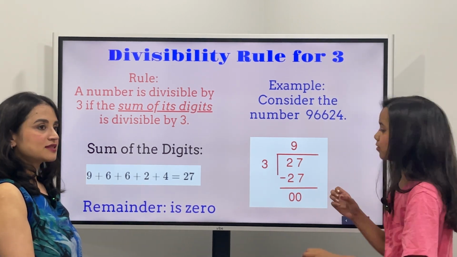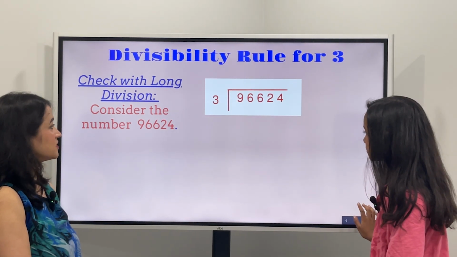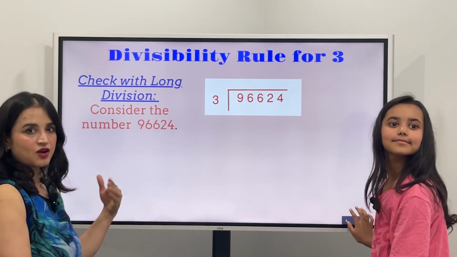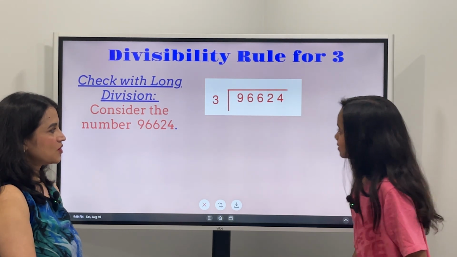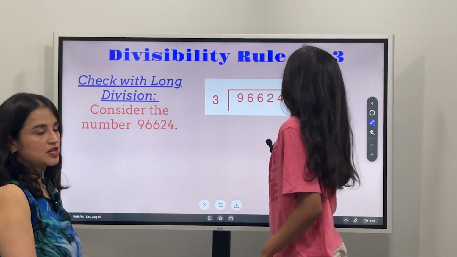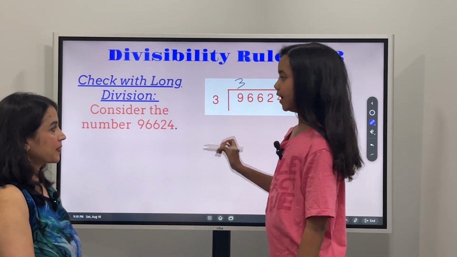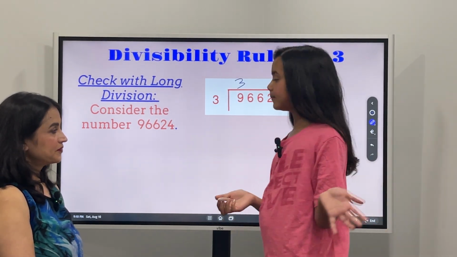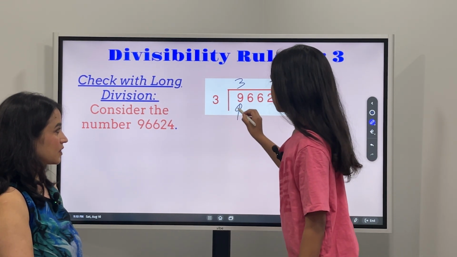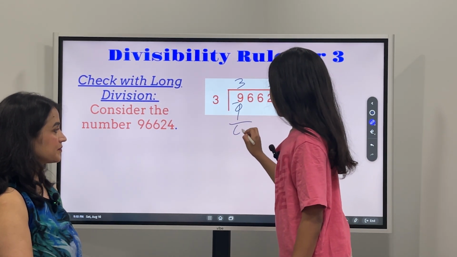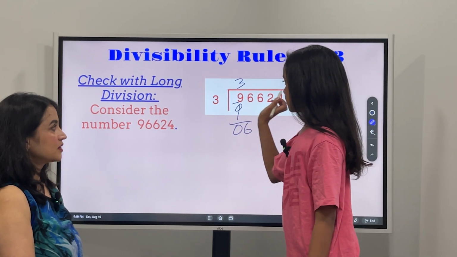Okay, next. So check with long division. So we got the 27, and it's divisible by 3. So now let's see the actual division. This one will be 3 because 3 times 3 is 9. And then we minus it, which is 0, and bring down this 6.